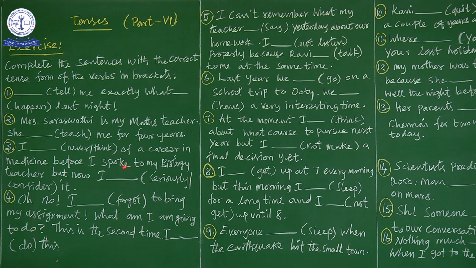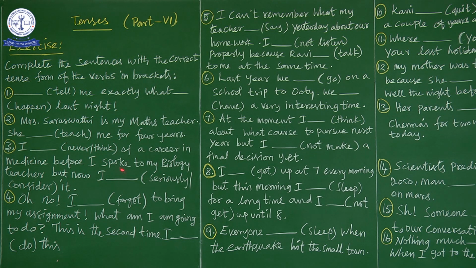So here, the verb spoke refers to simple past tense. Since there is a simple past tense here and there is the keyword before, in the past tense, if the keyword before comes, we have to go for past perfect tense. You understand?